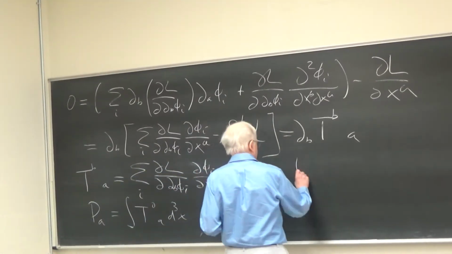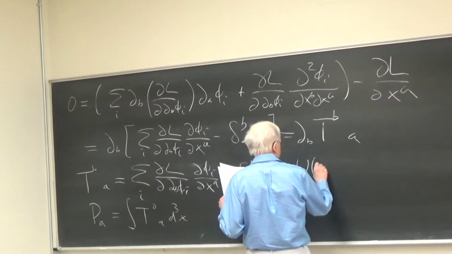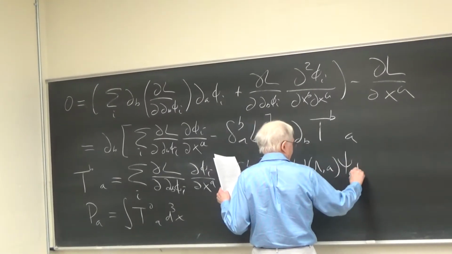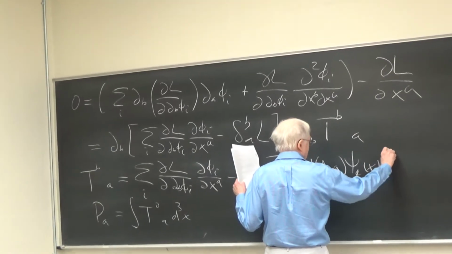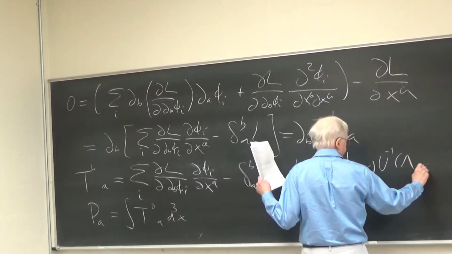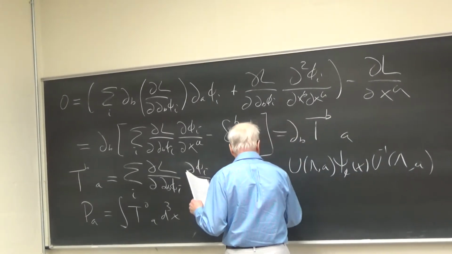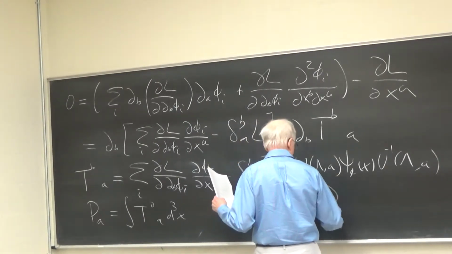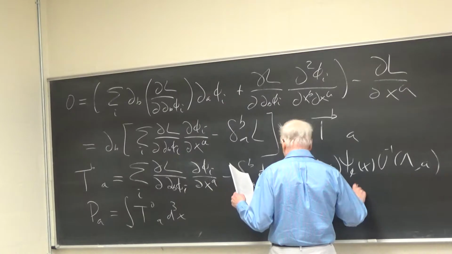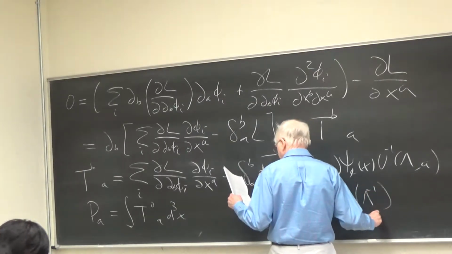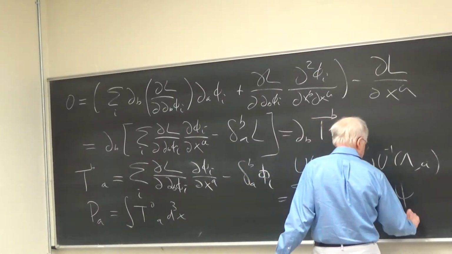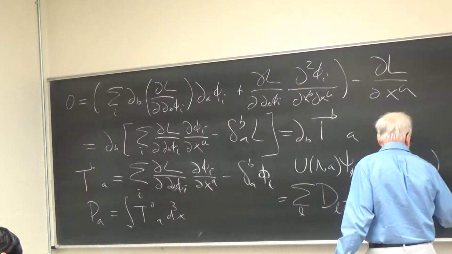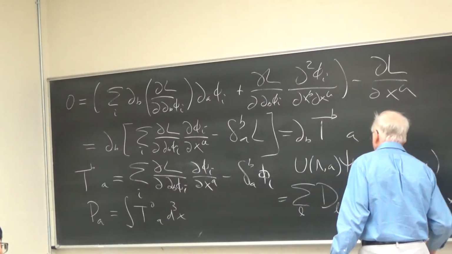So in other words, under an actual Poincare transformation, as we know, a field transforms this way. This is equal to a sum on L-bar of D_{l L-bar}(lambda inverse) psi_L-bar of (lambda x plus a).